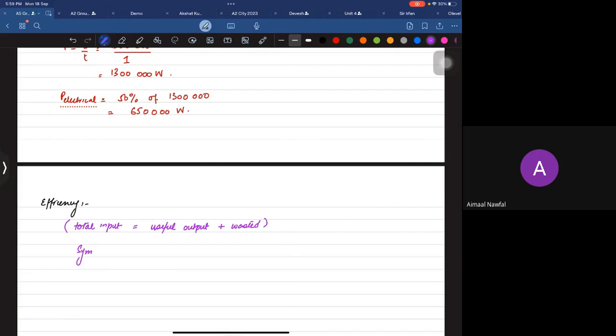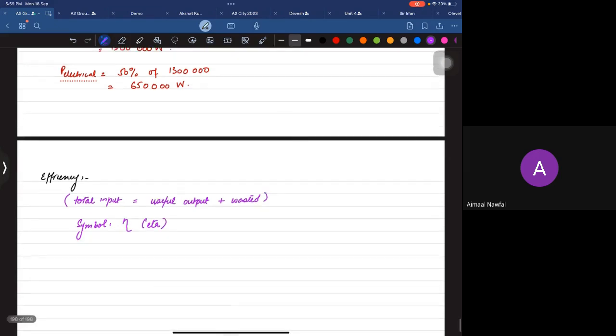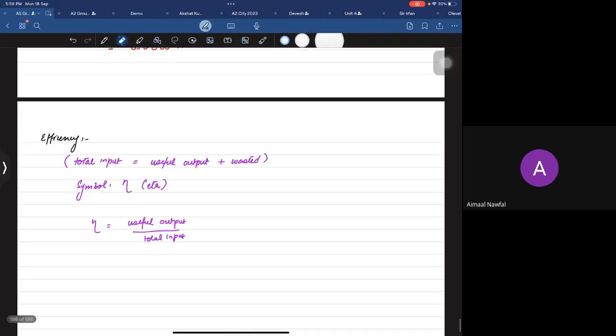The symbol for efficiency is this η. It's called, by the way, eta. And the formula for efficiency is useful output over total input. Okay, so this is efficiency. If you want to find the percentage, you just multiply this by 100%.